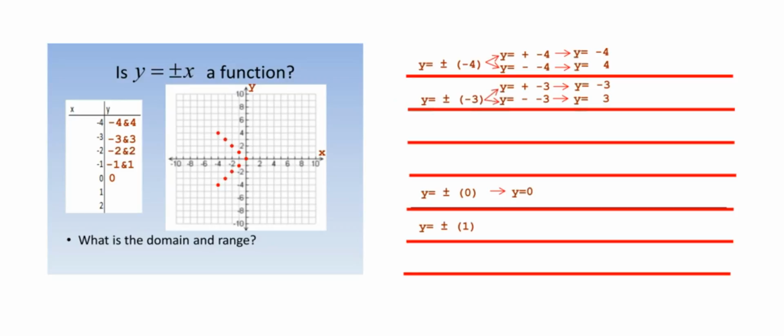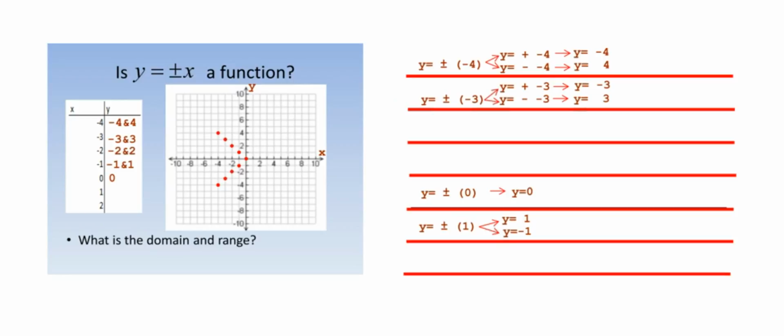Okay, what happens when x is +1? So let's split this up. Unlike before, in this case, positive times a positive is positive, and negative times a positive gives us a negative. So it gives us y equals positive 1 and y equals negative 1. It just gives us the reverse order of what we originally were getting.